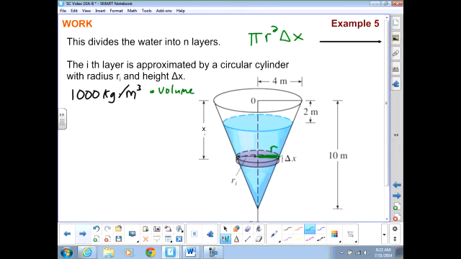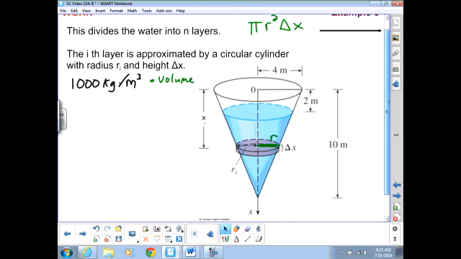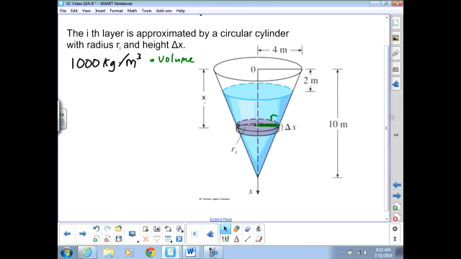Well, some things that we have in this picture. We know that our whole height of the cone is 10. Our entire radius is 4. We have that the radius we want we'll call r.